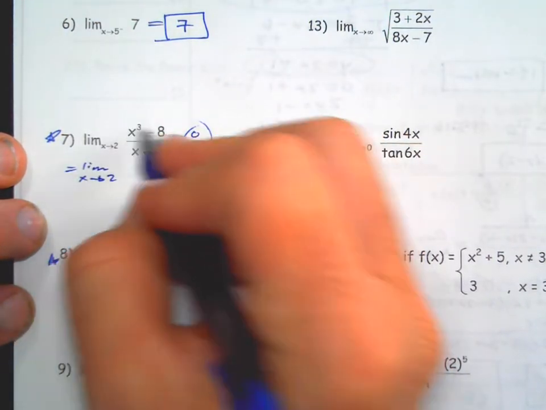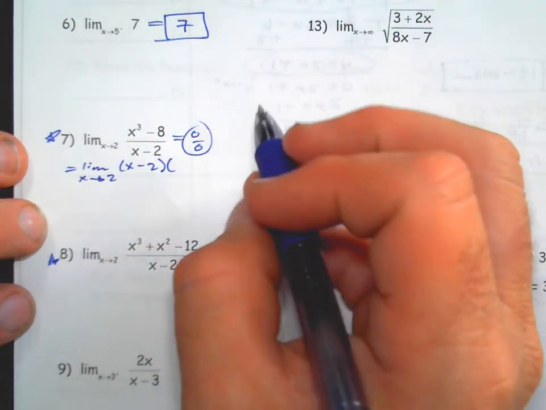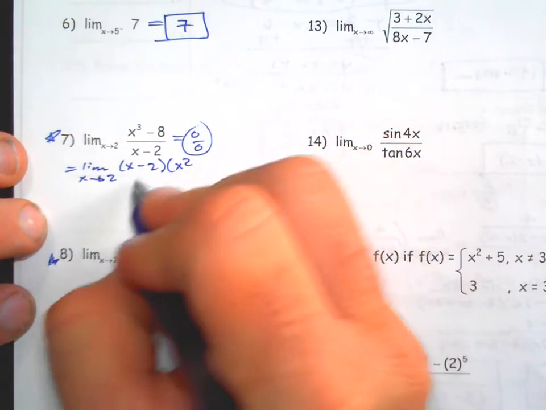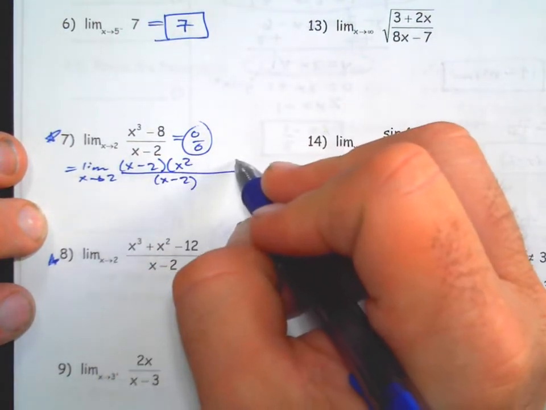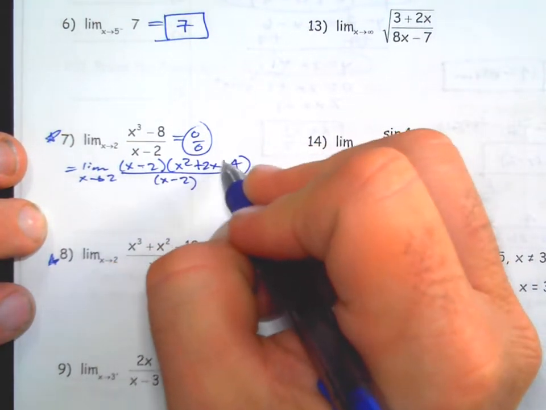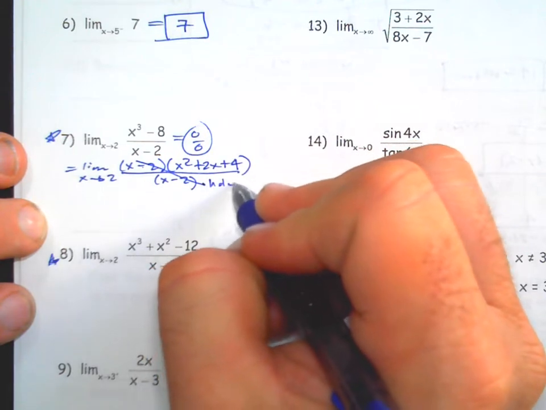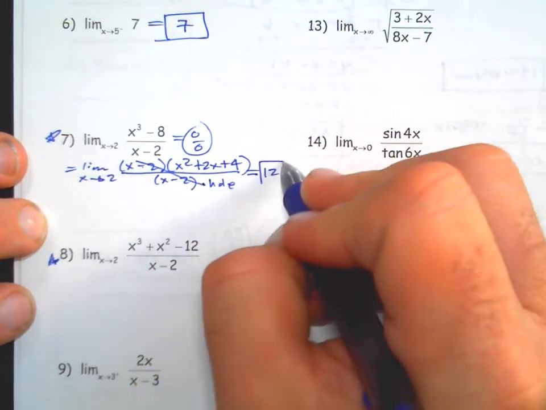This is a difference of cubes. You could do synthetic division if you want, but you should probably also know how to factor difference or sum of cubes. X squared, 2 squared is 4, in the middle 2x, same, opposite, always positive. That's the hole. Plug 2 back in, 4 plus 4 plus 4 is 12.